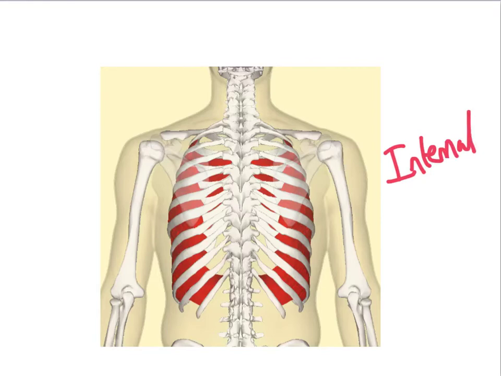So again, very similar, but essentially we've got one set of muscles on the outside of the ribs and one set of muscles on the inside of the ribs. Again, if we were to look at a cross section of a rib, we might see a rib such as so and as so, and then what we would have on one side would be the external intercostal muscle, and on one side would be the internal intercostal muscle. And all this means is when the muscles both contract together, okay, the ribs are brought closer together.